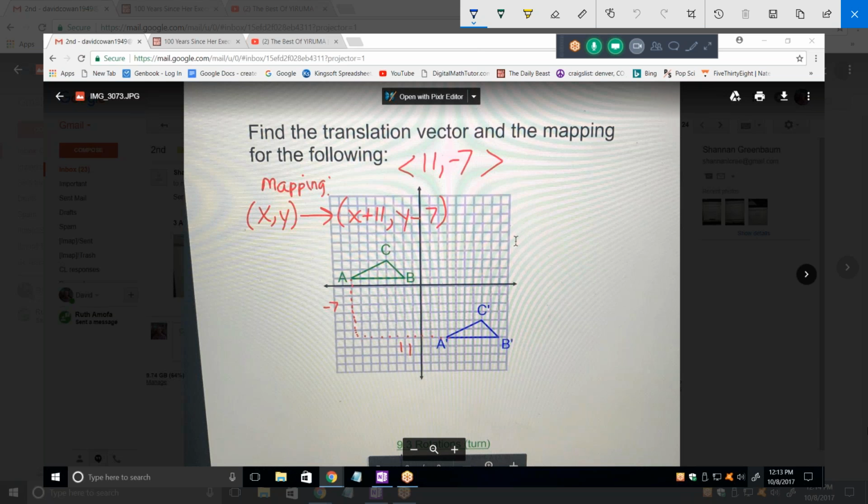So everything has been translated by a similar amount horizontally and a similar amount vertically. I'm moving 11 units to the right and 7 units down.